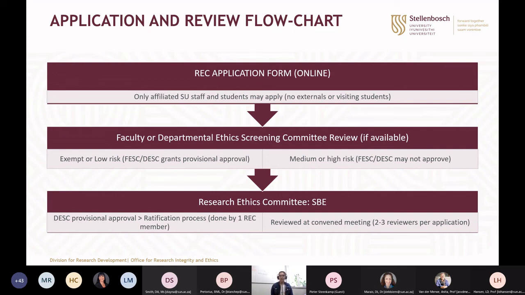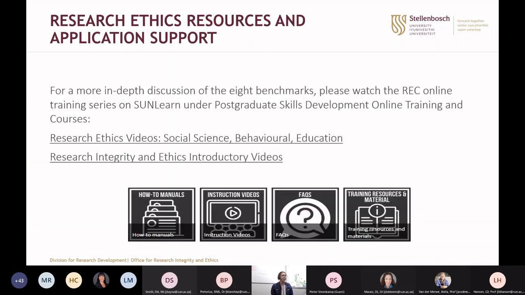So planning is essential. We have a list of department ethics screening committee contacts on our website, but the workflow is that your application is first submitted to your department and reviewed there before it is sent to the Central Research Ethics Committee, SPE.